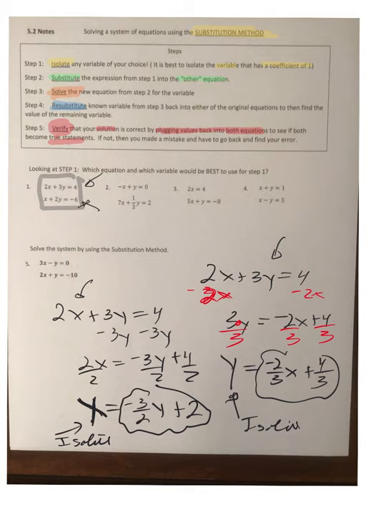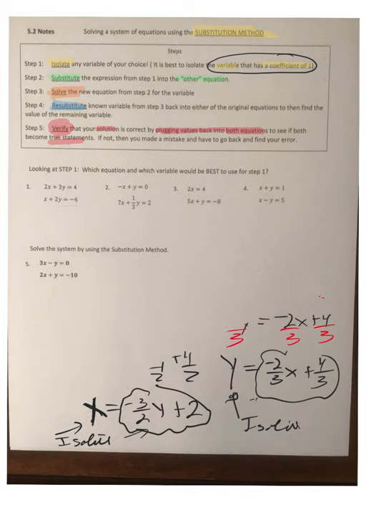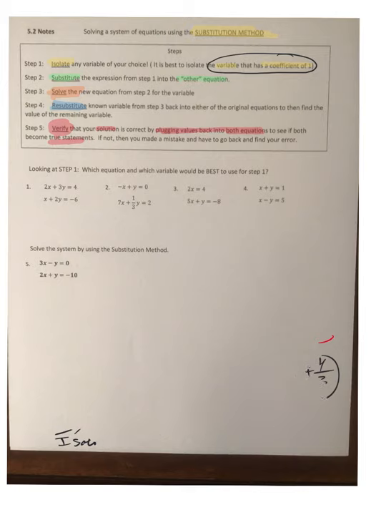So notice the first equation, it's not smart to isolate any of those variables because we get into a lot of fractions and it was a lot of work to do that. So notice it says it's always best to isolate the variable that has a coefficient of 1 if possible. So if we look at this example, which equation, top equation or bottom equation, would be the smartest, and which variable to isolate?